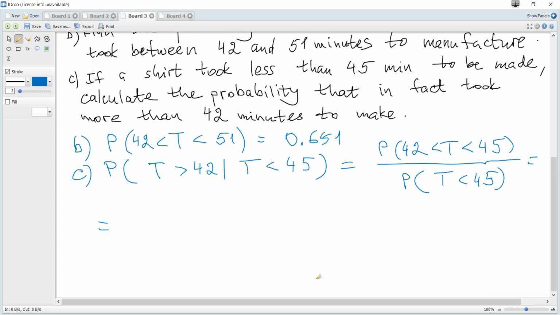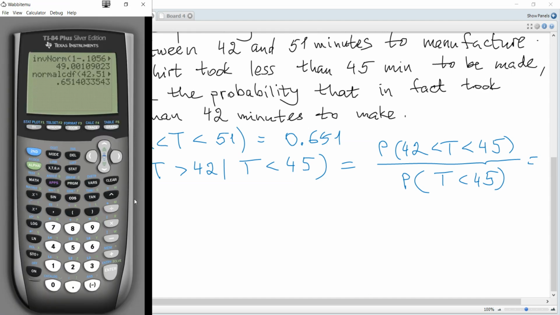And it is equal to, again we choose normal CDF, lower 42 to upper 45, under the same mu is 44 and sigma is 4, this value, divided by again normal CDF for less than 45, so lower is for example negative 100 or 1000.